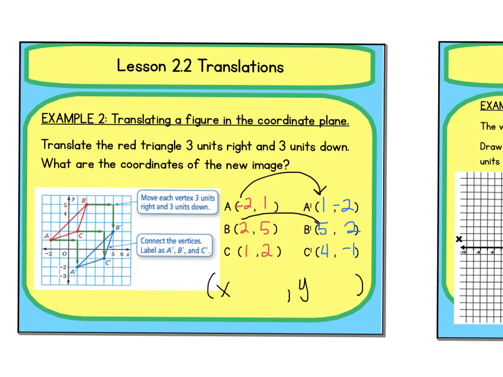How did we get from 2 to 5? And how did we get from 1 to 4? You'll notice that in every single case we added 3 to our x. Now for our y's, you'll notice we went from 2 to negative 1, 5 to 2, and 1 to negative 2. In every case we subtracted 3 from every y.